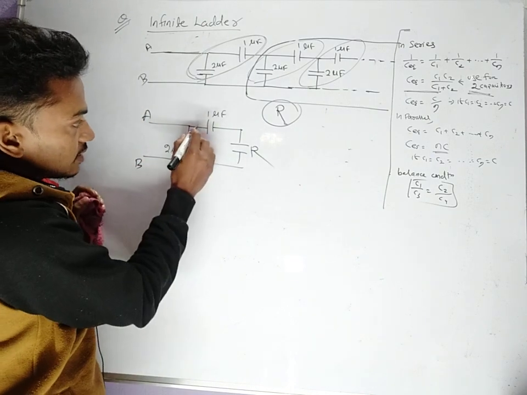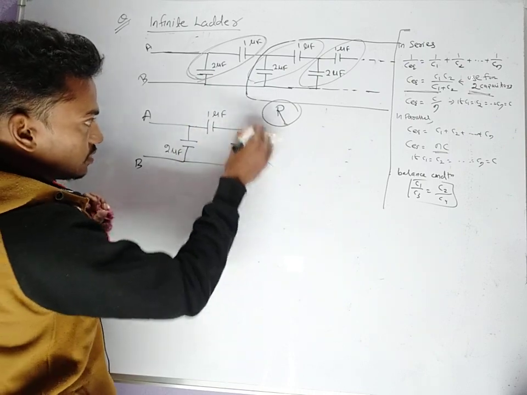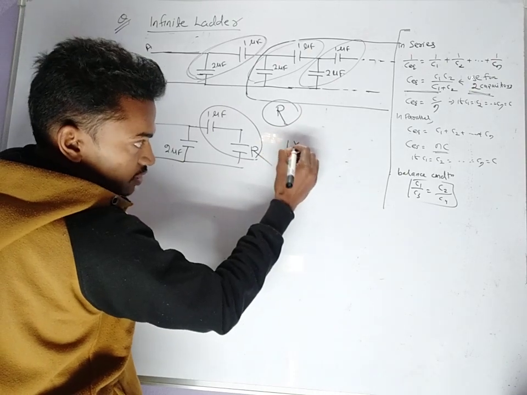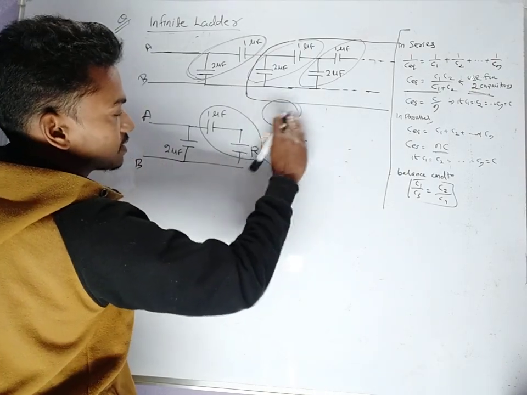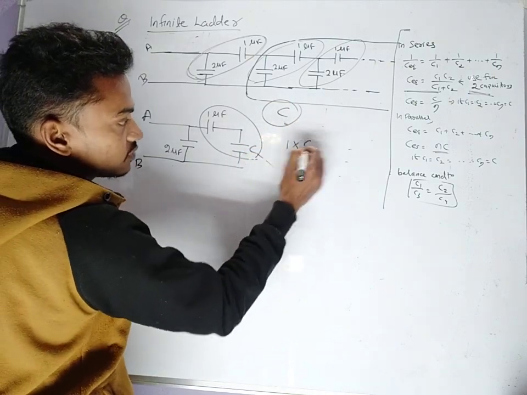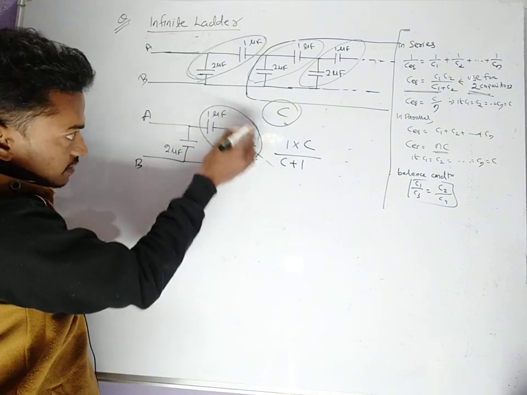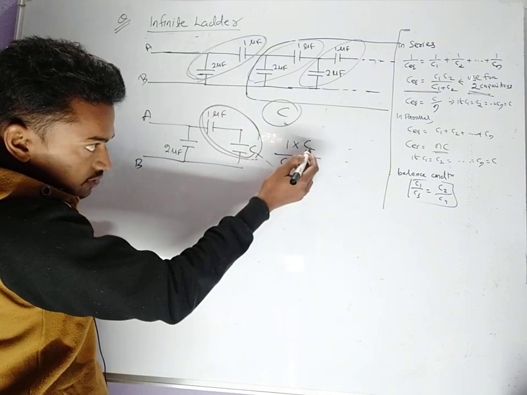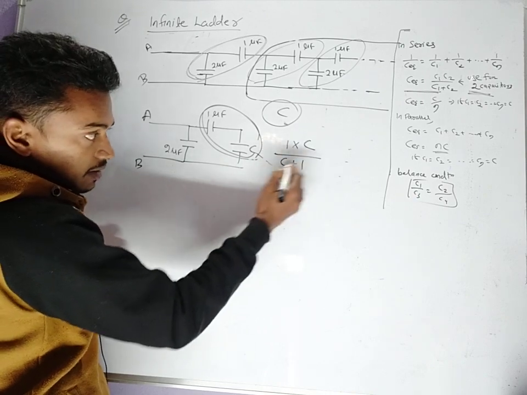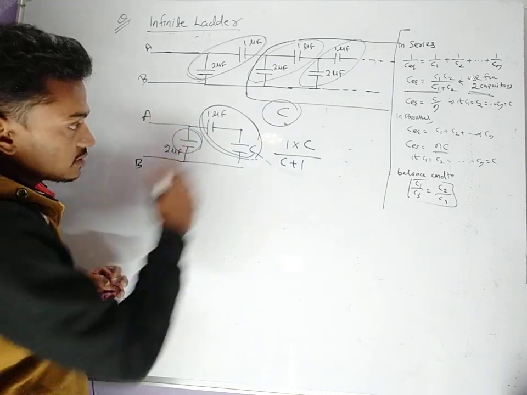You can write that these two are in series, so their equivalent capacitance will be C1 into C2 by C1 plus C2, that is 1 into C by 1 plus C. And this combination is connected in parallel to the 2 microfarad capacitor.